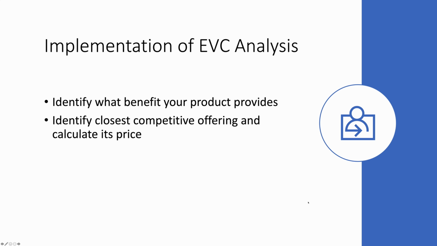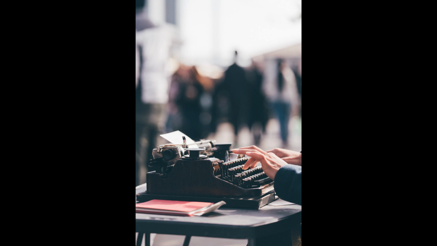To implement an EVC analysis, the first thing we need to do is to identify what benefits our products provide and identify the closest competitive offering and calculate its price. If you remember earlier, for Xerox, in the beginning it was very profitable because the EVC was decided on a per copy basis comparing to human typewriters.